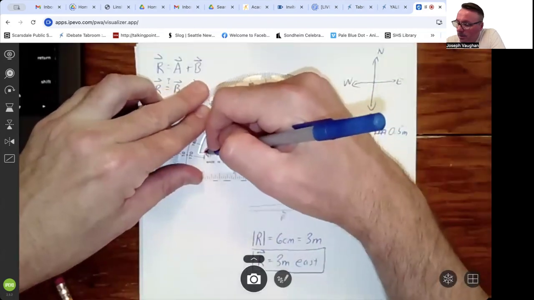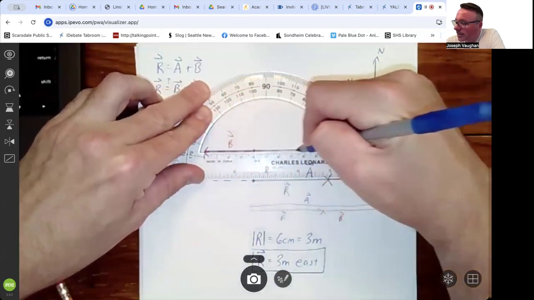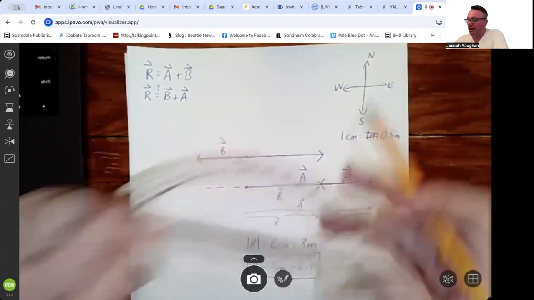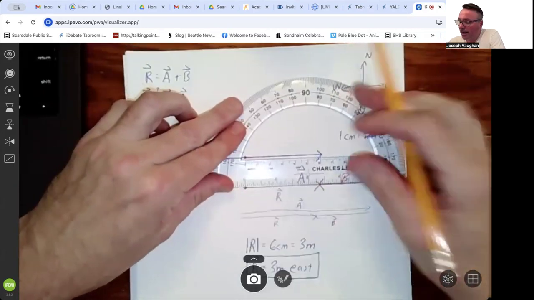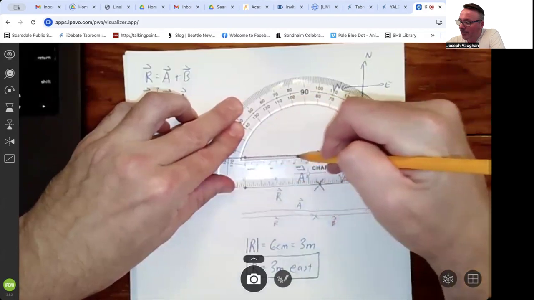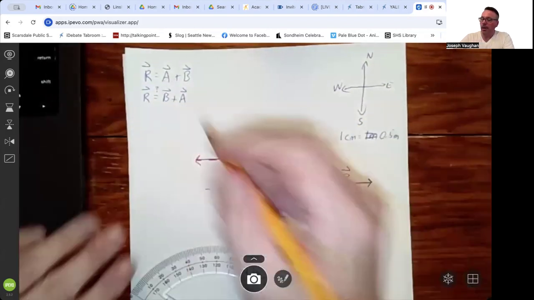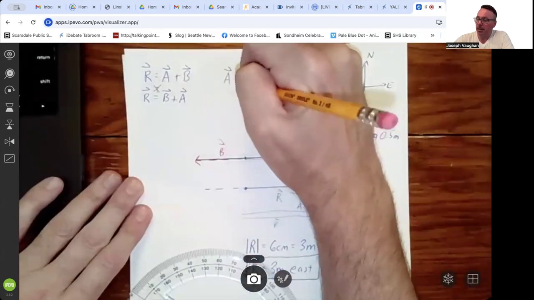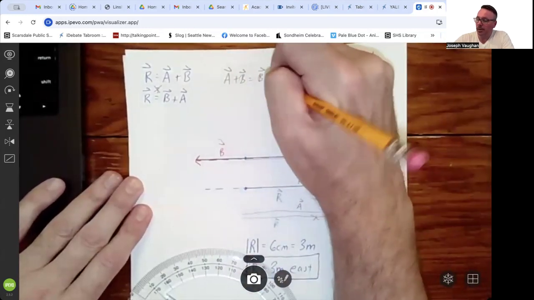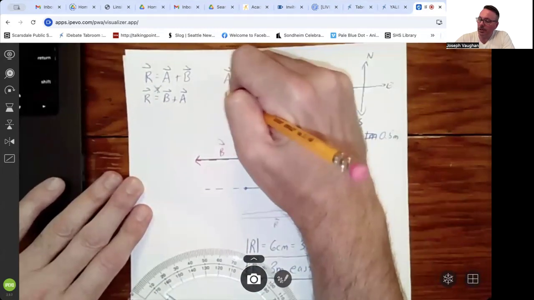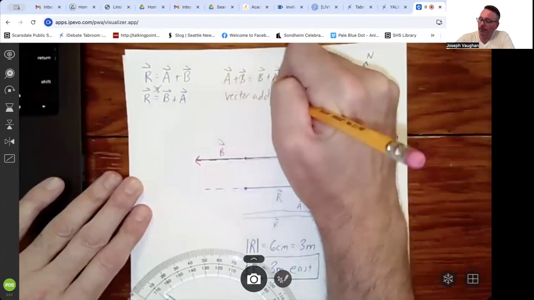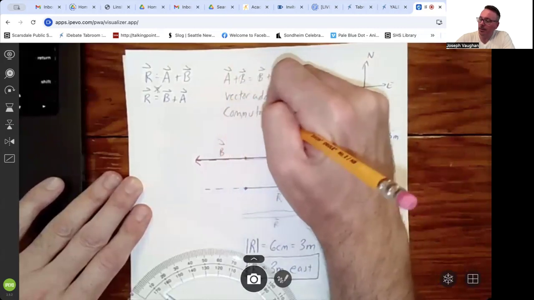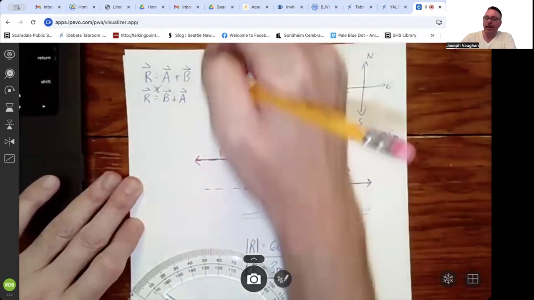So which are 5 centimeters east, 10. Boom. And hopefully you can see very clearly here that I am getting that same vector R. Cool. So I can cross this out and we can say A plus B is equal to B plus A, or that vector addition is commutative, which is really handy dandy.